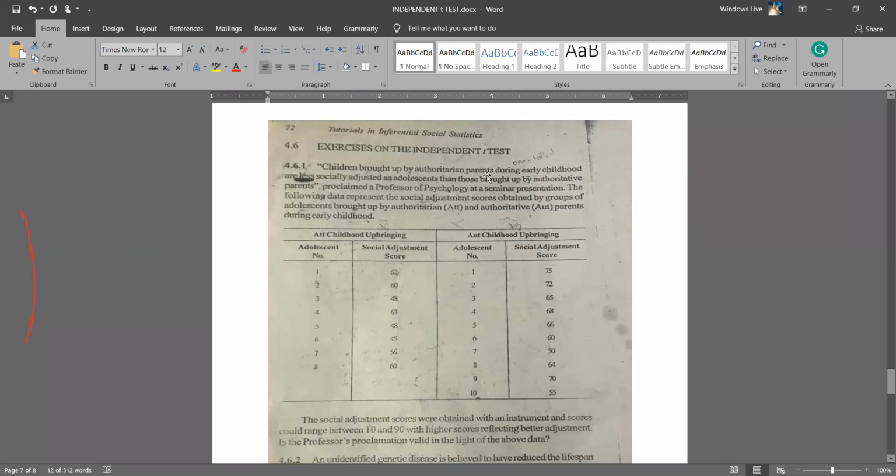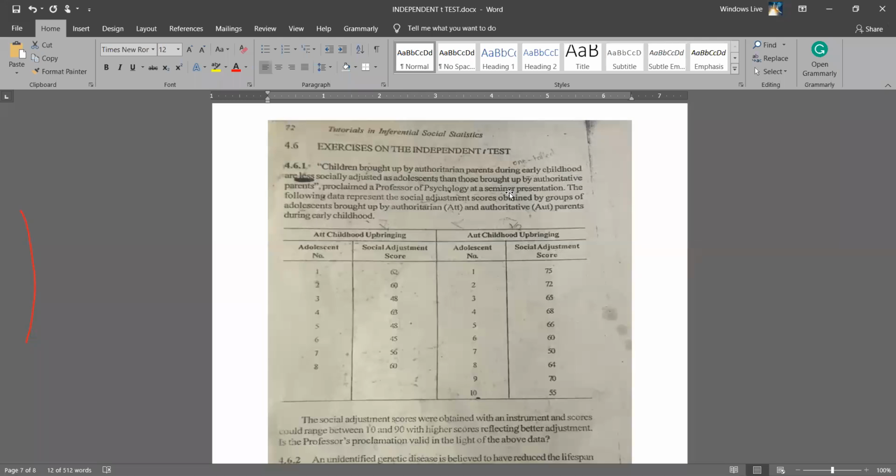Children brought up by authoritarian parents during early childhood are less socially adjusted as adolescents than those brought up by authoritative parents, proclaimed a professor of psychology at a seminar presentation.